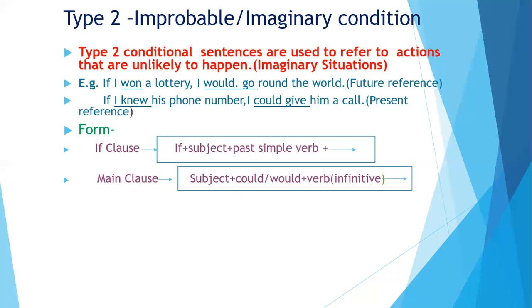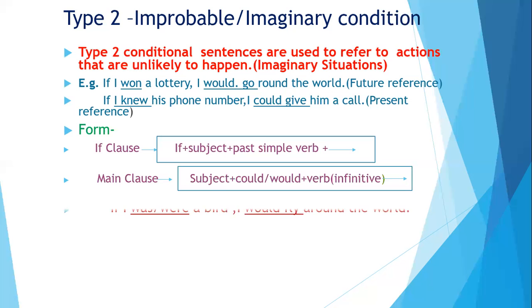What is the component of the main clause? Okay, dear students, look at your screen. You can see the subject comes first, then could or would, then the infinitive. Well, this is the structure of type 2 conditional sentence.